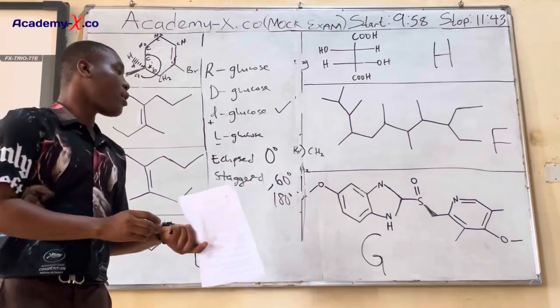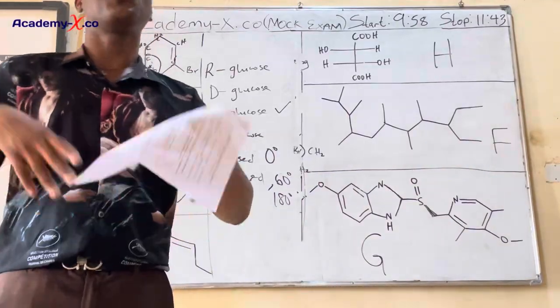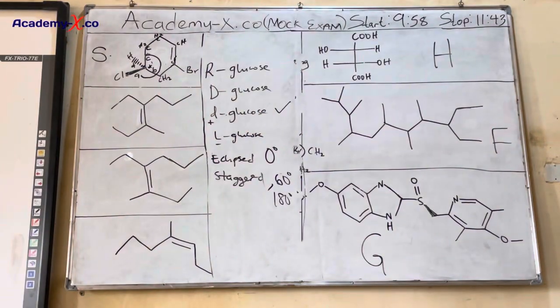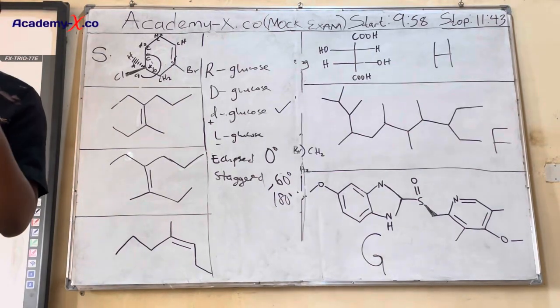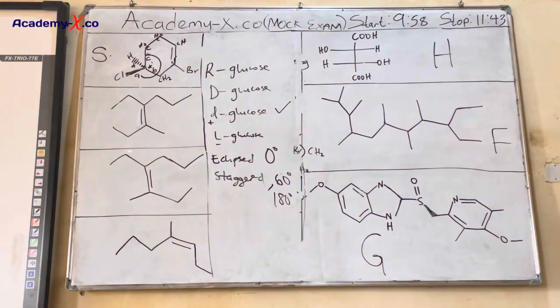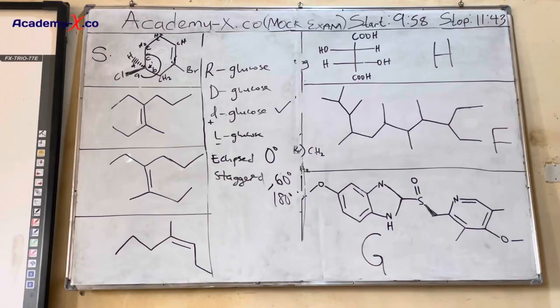Now what type of drawing will I draw? Am I going to draw that one that looks like a circle? Am I going to draw that one that looks like a horse? The question said, draw sawhorse projection. It didn't say draw Newman projection.